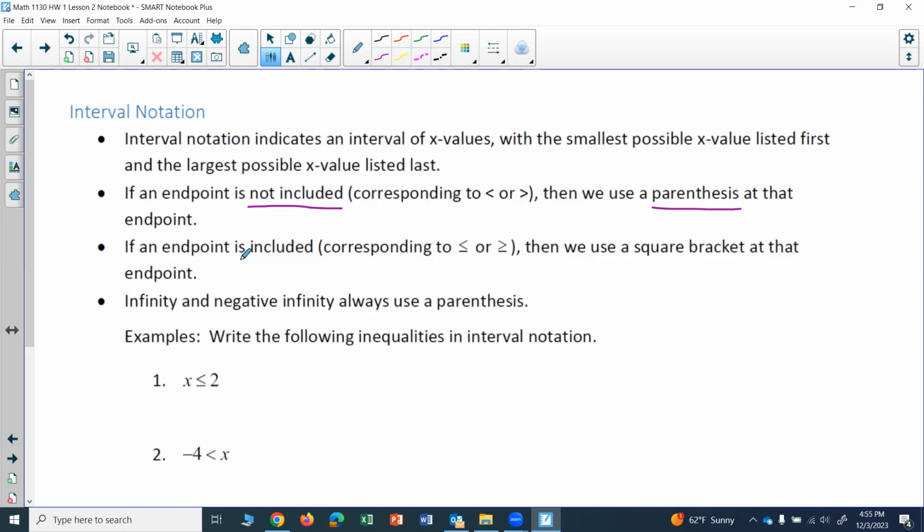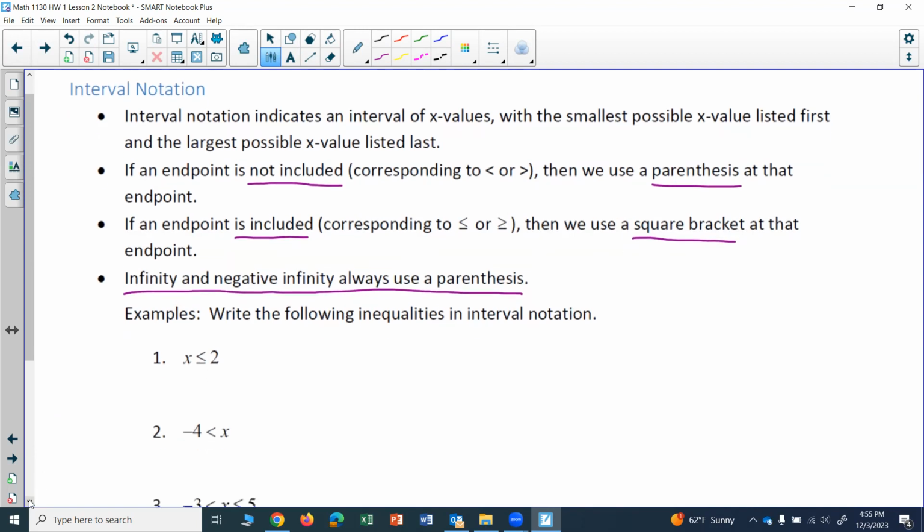If an endpoint is included, corresponding to a less than or equal to or a greater than or equal to, then we use a square bracket at that endpoint. Infinity and negative infinity always use a parenthesis.